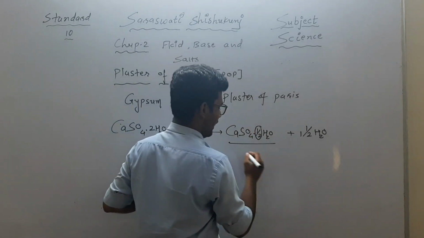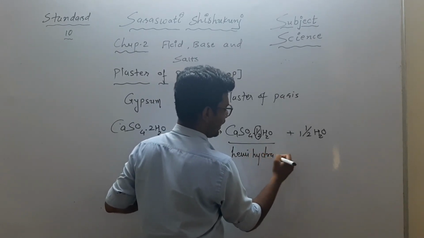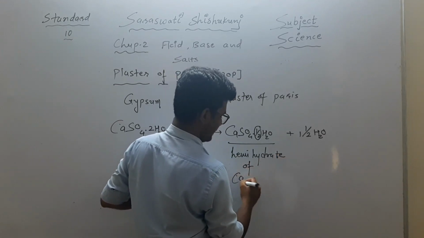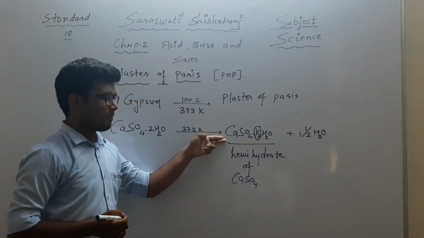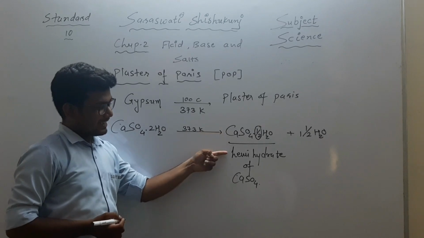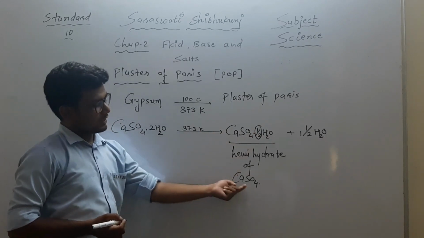So this is called hemihydrate of calcium sulfate. So plaster of Paris, hemi means half. Plaster of Paris is hemihydrate of calcium sulfate.